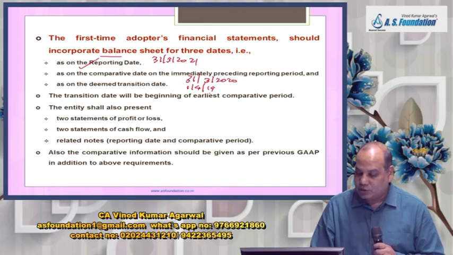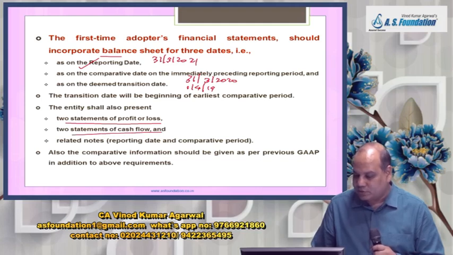The transition date will be the beginning of the earliest comparative period. The entity will also present 2 statements of profit and loss, current year, previous year, 2 statements of cash flow, current year, previous year, related notes, current year, previous year. Also, the comparative information should be given as per the previous GAAP in addition to the above requirement.